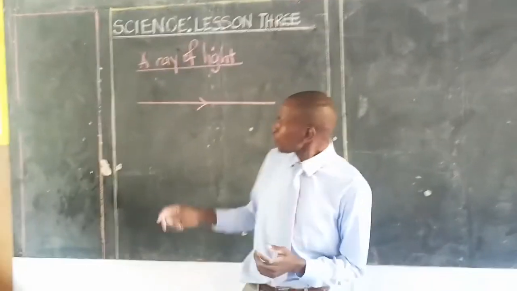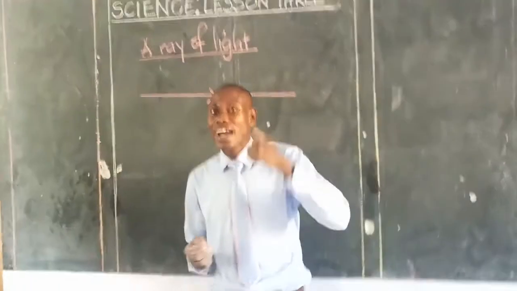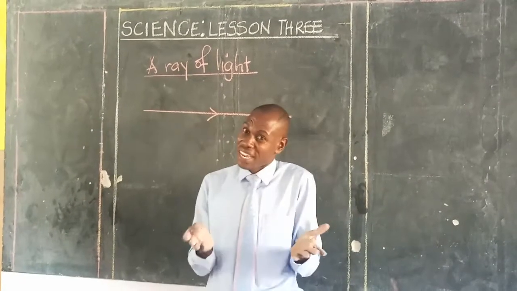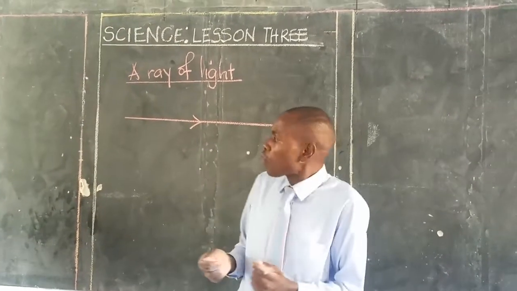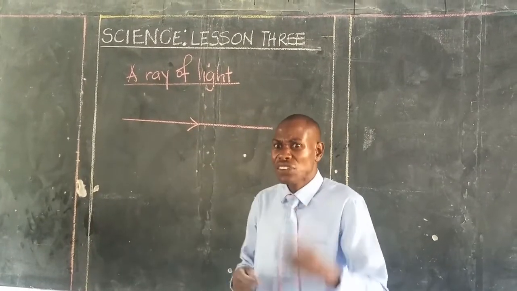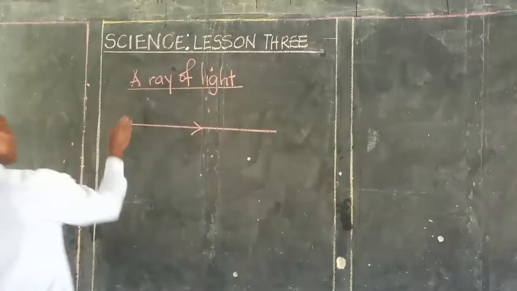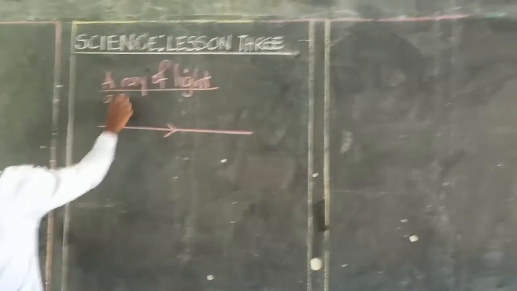Well, according to what we said in our previous lesson, light travels in straight lines. Fine. But now, because we have called this a ray of light, light traveling in straight lines is a ray of light. Now, a ray of light is a straight path.